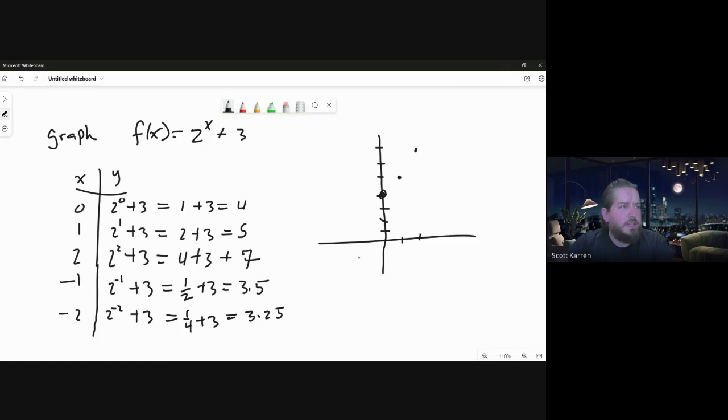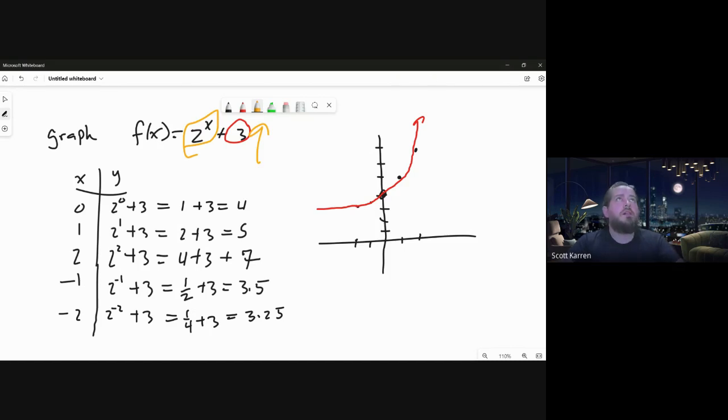On the left-hand side here, at -1, I'm at 3.5. So here. And then at -2, I'm at 3.25. And I can see what's happening on this side is this. And on the left, this is just going to asymptotically approach that value 3, because what I've essentially done is just taken the graph of 2 to the x and then shifted it up by 3.